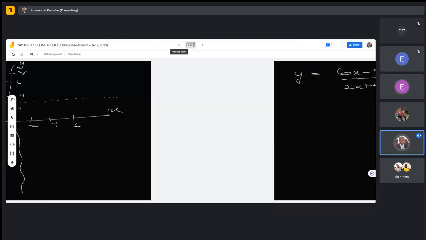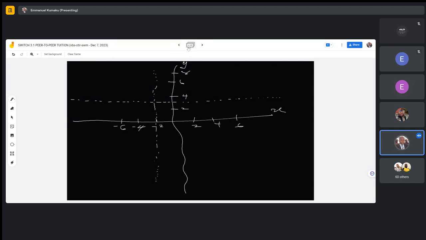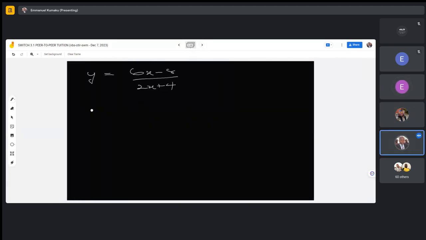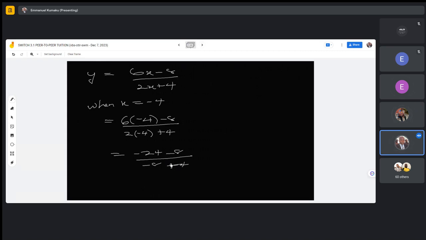So let's look at one test point. You can pick negative 4. When s is equal to negative 4, you have 6 times negative 4 minus 8, over 2 times negative 4 plus 4. We'll have negative 24 minus 8 at the top, and negative 8 plus 4 for the bottom.